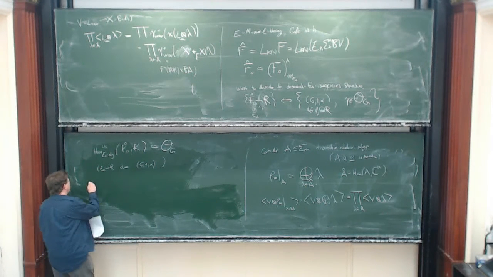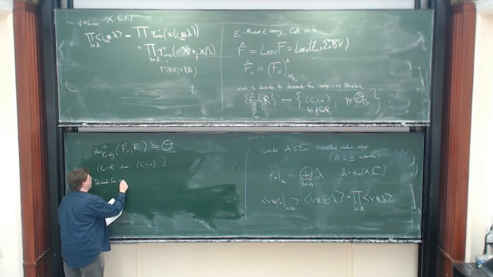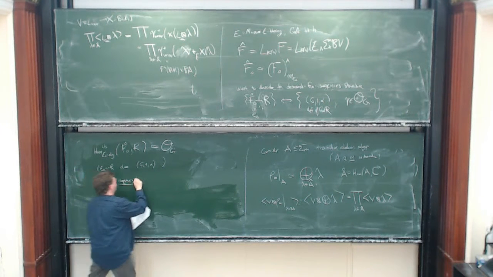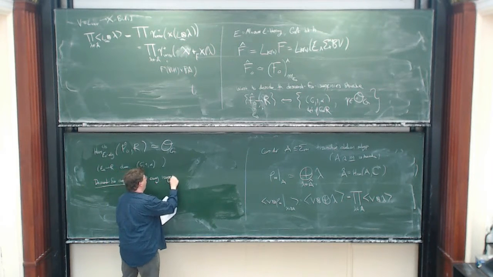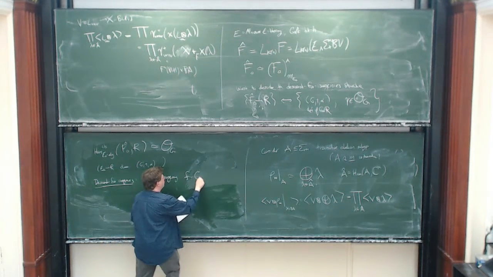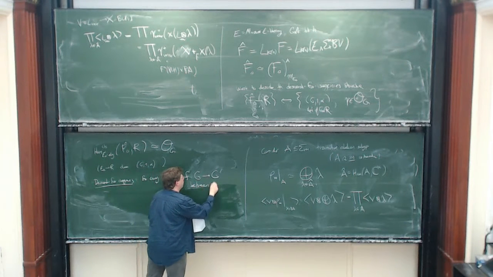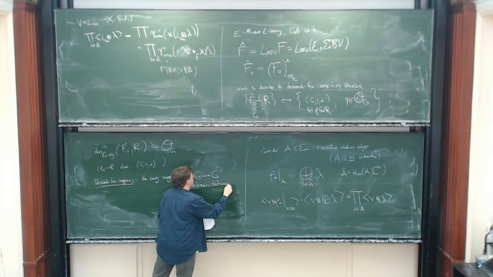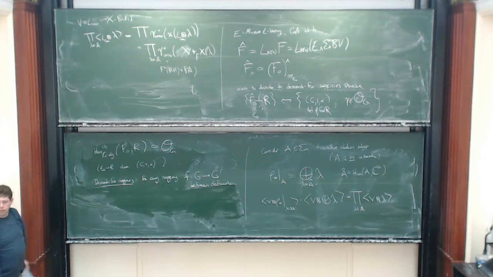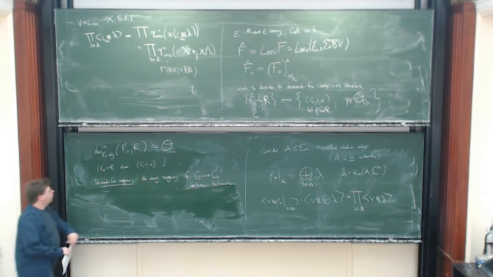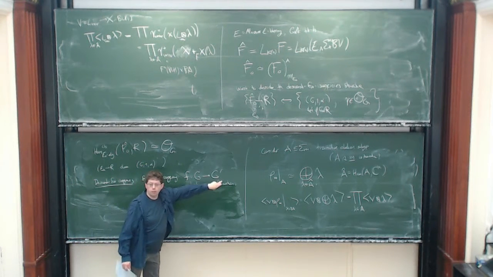So descent for isogenies says that for every isogeny f from G to G prime, between deformations, there's an associated way to push forward an element in here for G to a corresponding element for G prime.